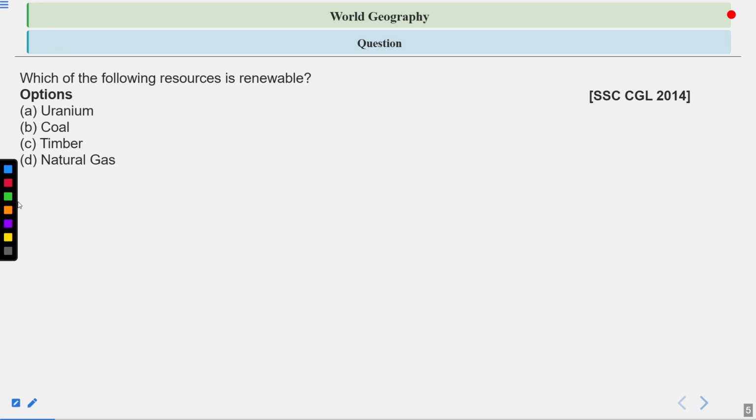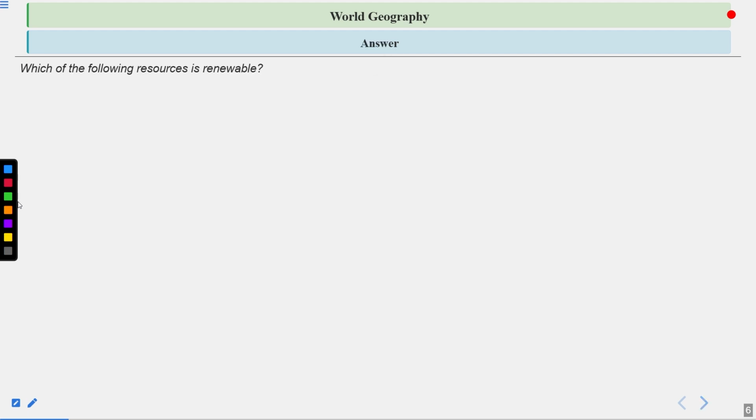Which of the following resource is renewable? Options are uranium, coal, timber or natural gas. So among the following options, we can directly understand that the renewable resource is timber.